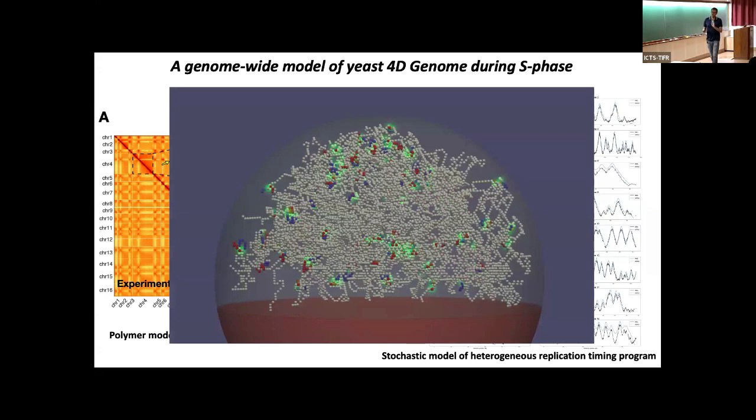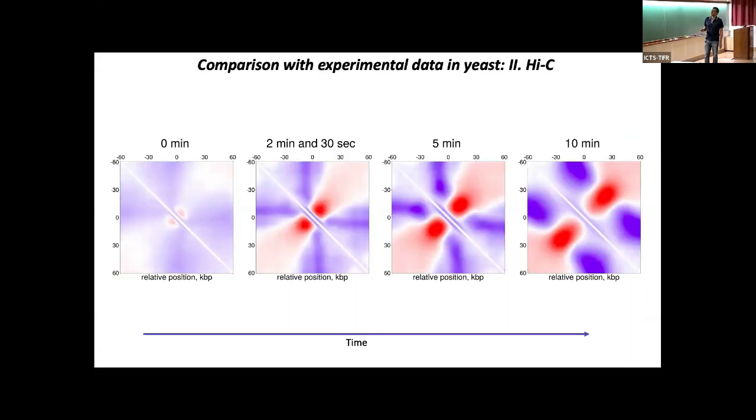There is a lot of work to do to understand how to compute a good Hi-C map in S phase, because in S phase you have different copy numbers depending on where you are, depending if the region has been replicated or not. You have two copies or one copy. So there is a little bit of data analysis to do. We did it.